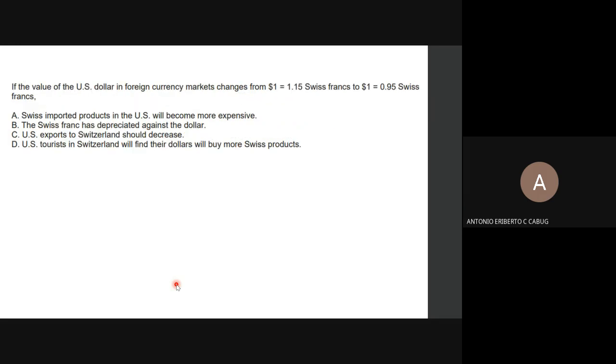Next. If the value of the US dollar in the foreign currency markets changes from $1 is 1.15 Swiss francs to $1 now only 0.95 Swiss francs, what will be the consequence of such?